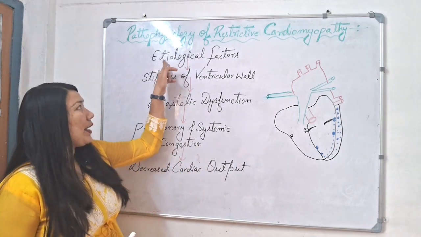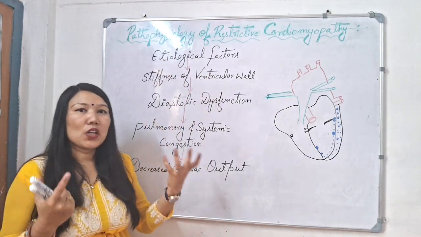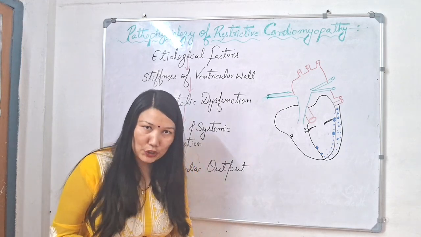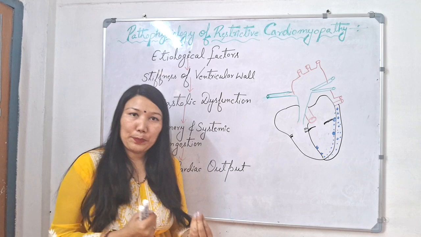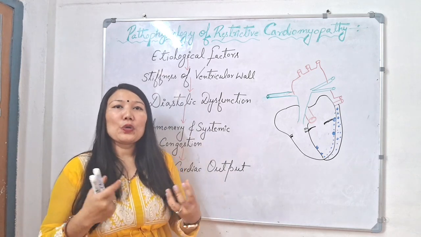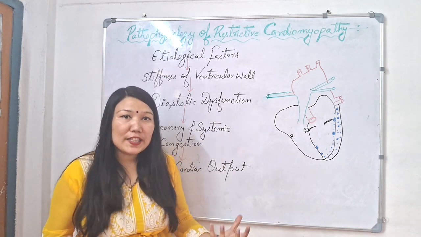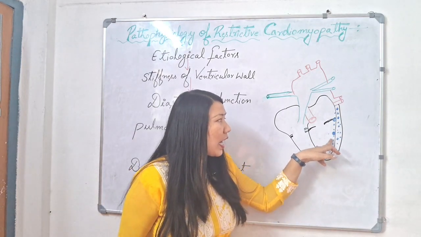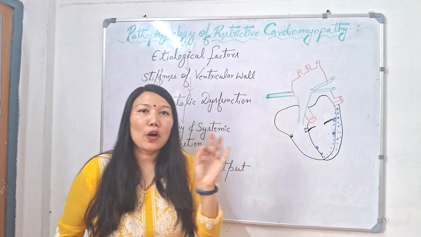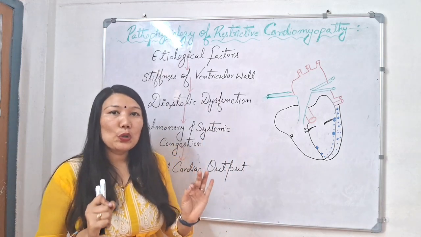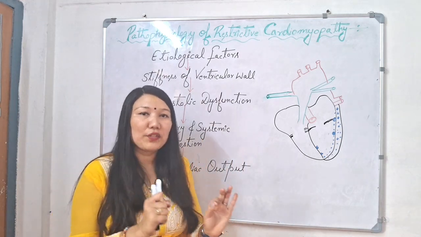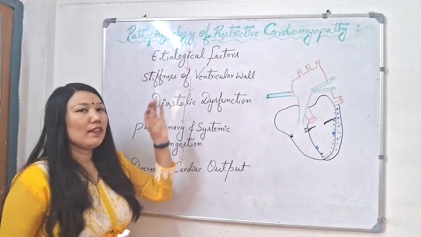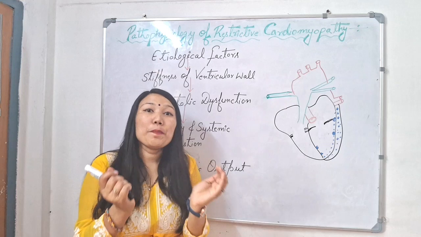So due to etiological factors or any causes, like if there is amyloidosis, meaning protein deposition, or if there is iron deposition, hemochromatosis, or due to chemotherapy or radiation therapy, the muscle fibers get scarred, there is scar formation in the muscles of the heart. Okay, so due to the hardness and stiffness of this ventricle chamber, what will happen? Diastolic dysfunction, there will be a relaxation problem.